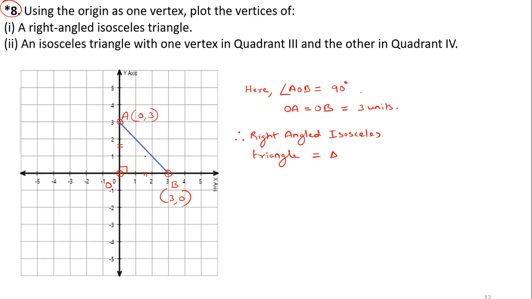Two sides are equal. This side is not the same, but these two sides are the same. So triangle AOB is an isosceles triangle. So this completes our eighth first sub question. Now we will see the second sub question on the next page.